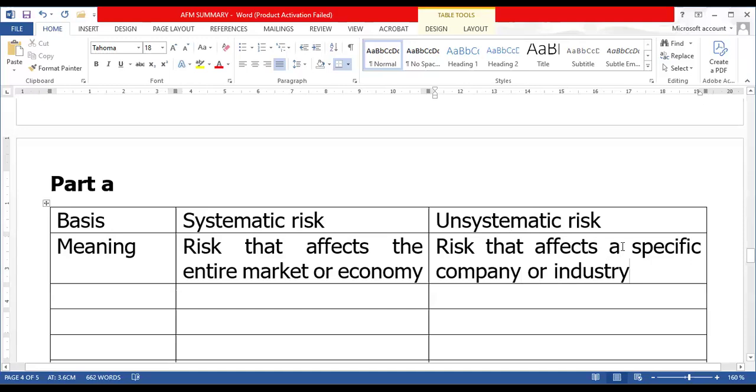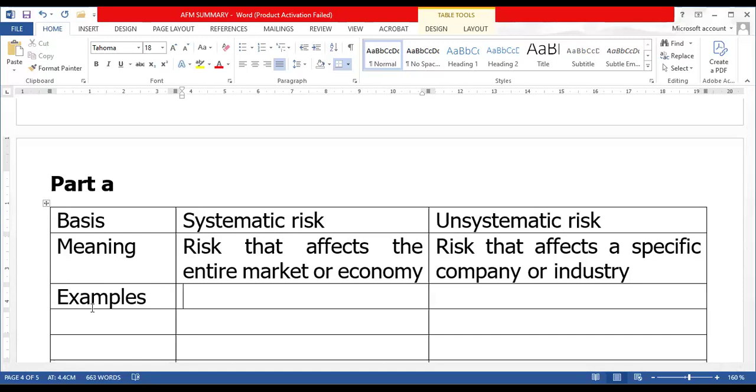But with systematic risk, generally it will affect almost the entire market. For example, we may add inflation, since they said with examples.